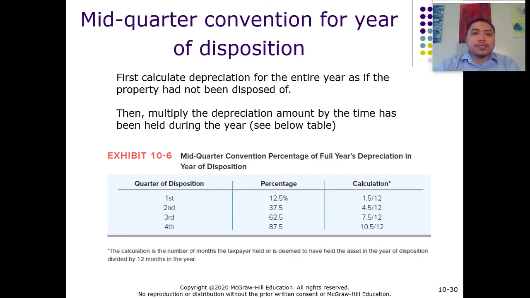All right. So what about when companies dispose of the asset before the end of the recovery period, when they use the mid-quarter convention? Similarly, we just apply the same process.